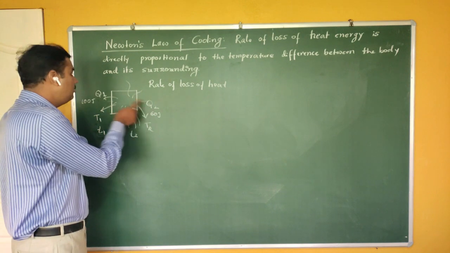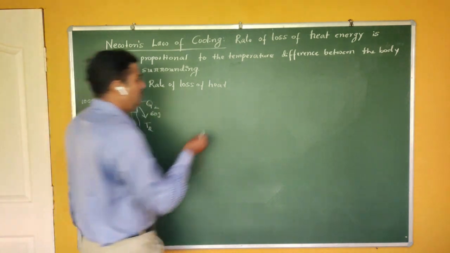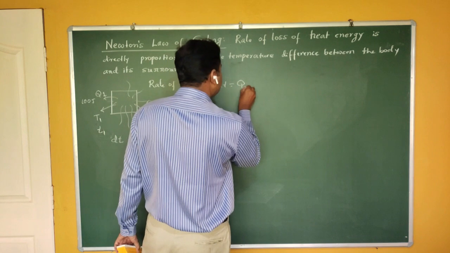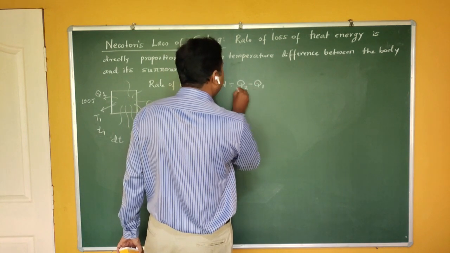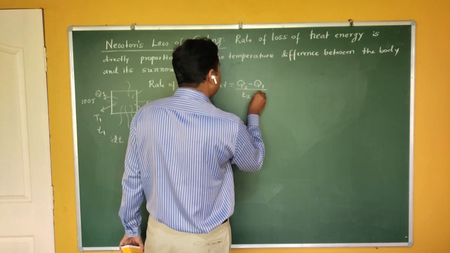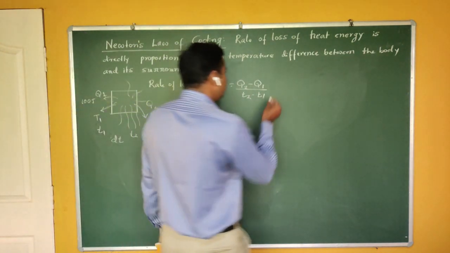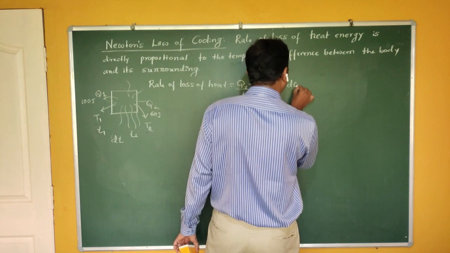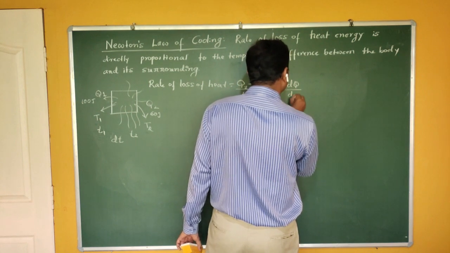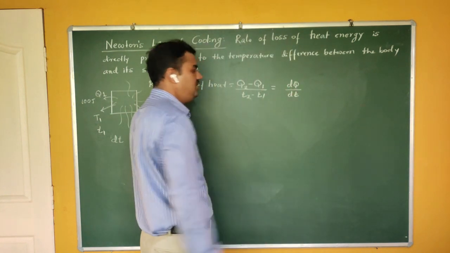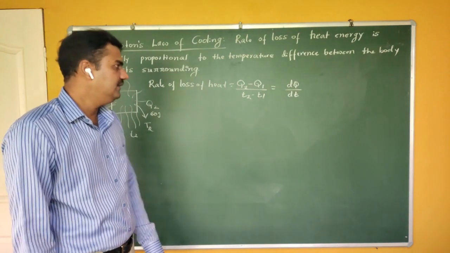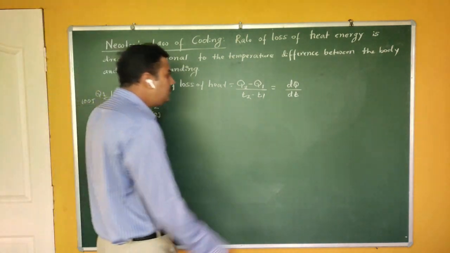You always write q2 minus q1, because it is always final minus initial, divided by the final time minus initial time, t2 minus t1. It can be written as dq by dt.